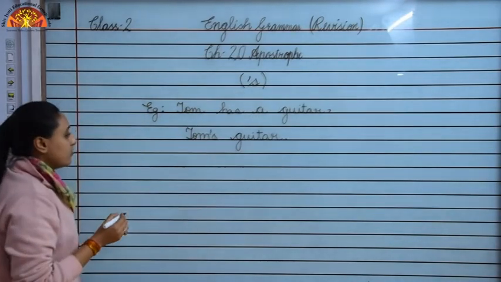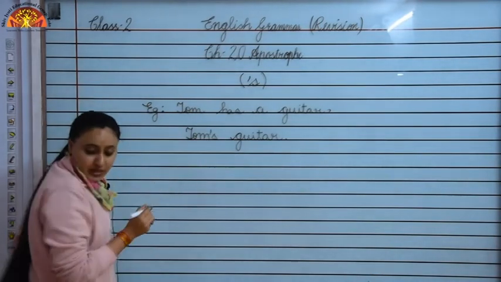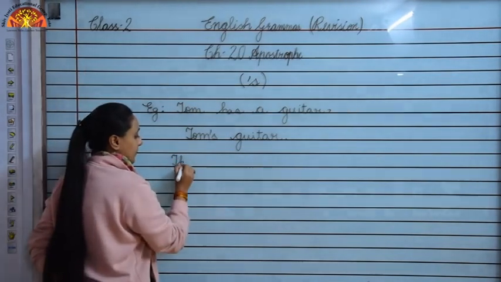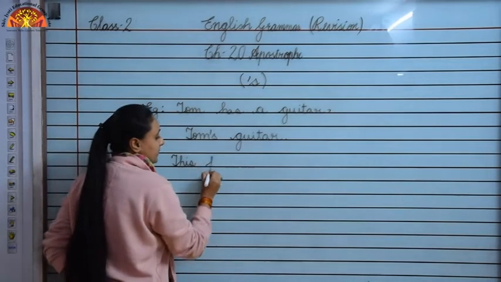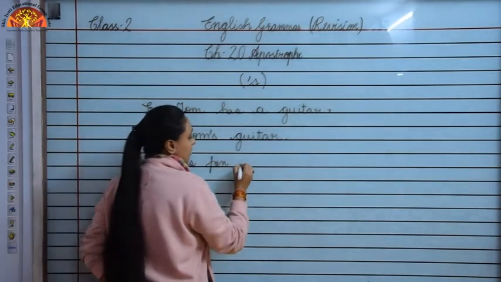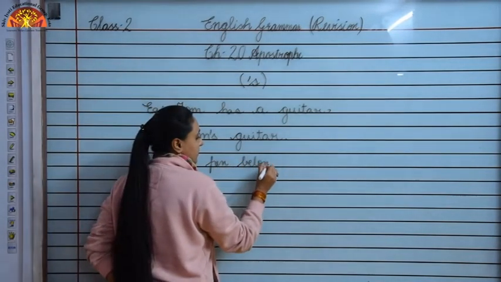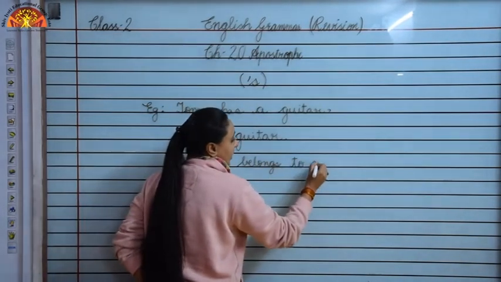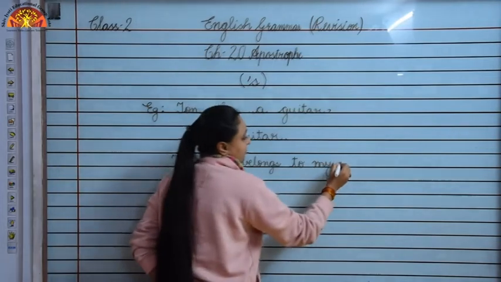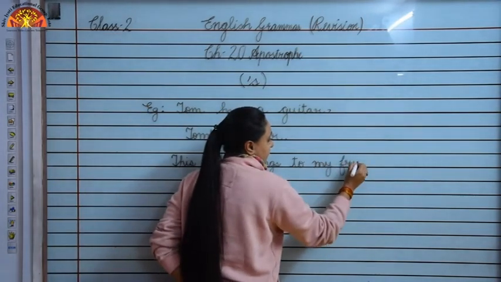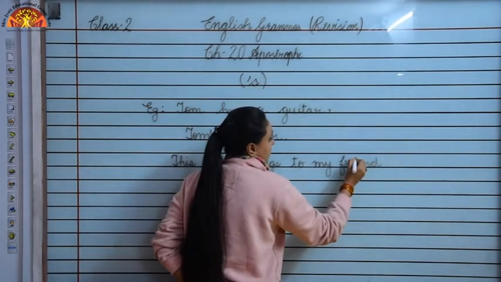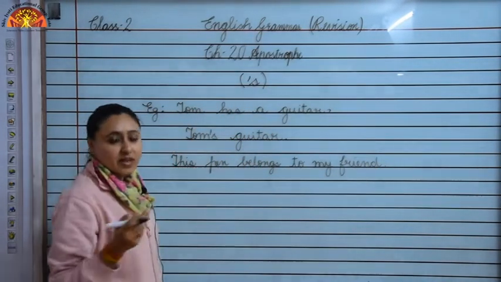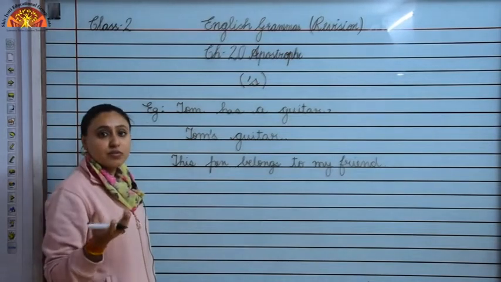Okay. Now let us see one more example. This pen belongs to my friend. So this is a sentence: this pen belongs to my friend. We are assuming one pen that belongs to my friend.